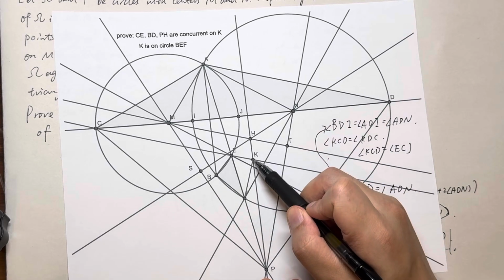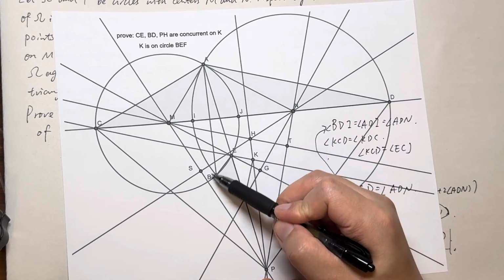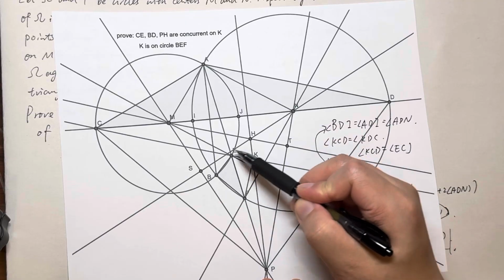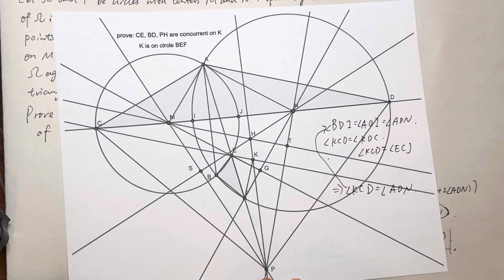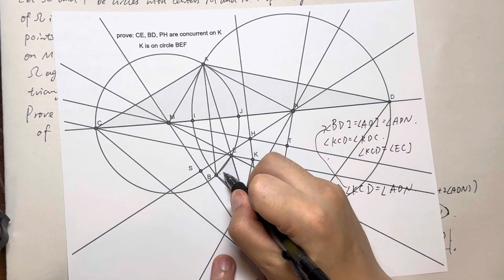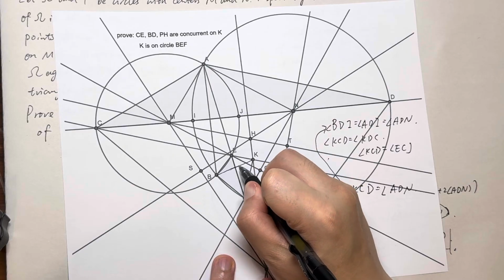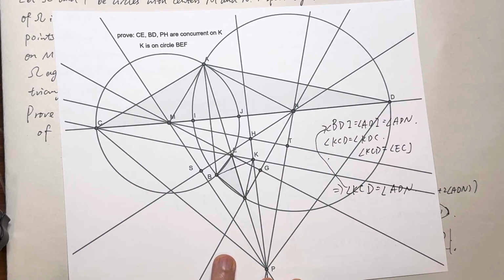Now let's try to prove that K is also on the circumcircle of the triangle BEF. We can connect BK here.